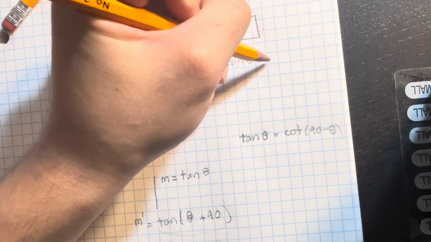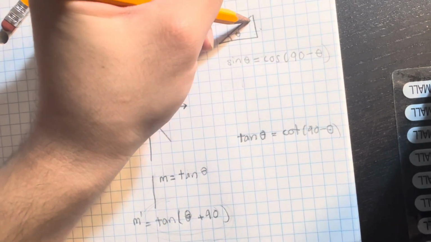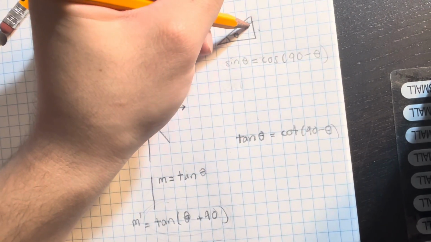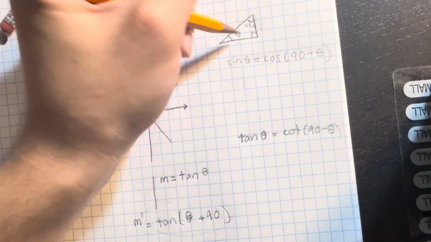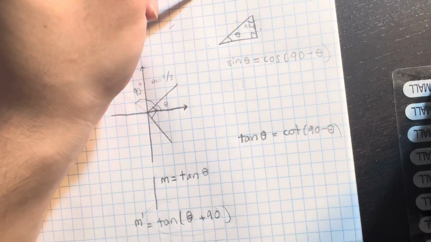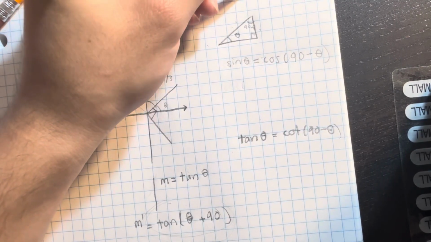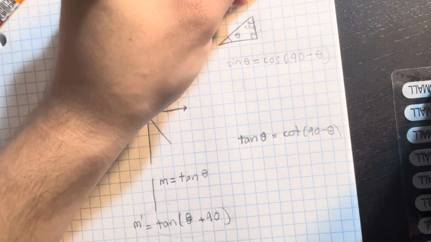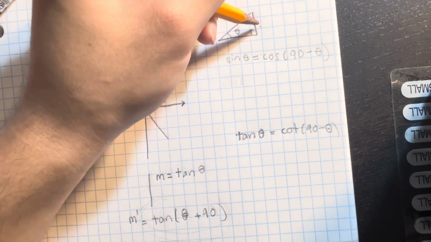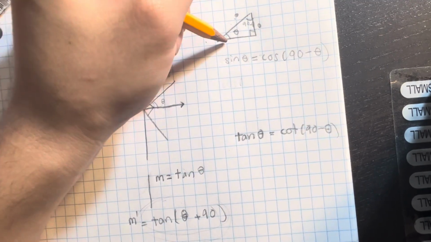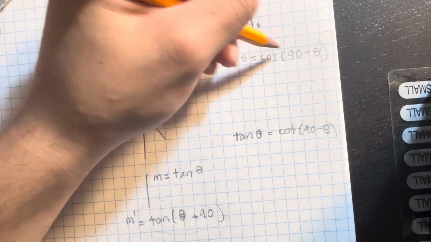And this is equal to the cosine of 90 minus theta, because this angle here is 90 minus theta. Because this is a right angle, all the angles must add up to 180. So 90 plus theta plus 90 minus theta equals 180. The cosine of this angle is adjacent over hypotenuse, so this side over that side. The sine of this angle is that side over that side, and the cosine of this angle is that side over that side. Therefore, these must equal each other.